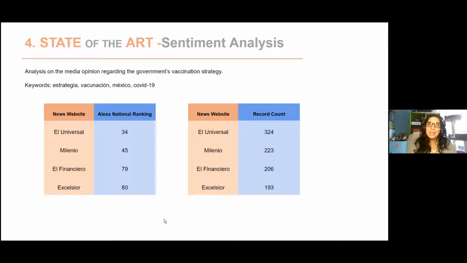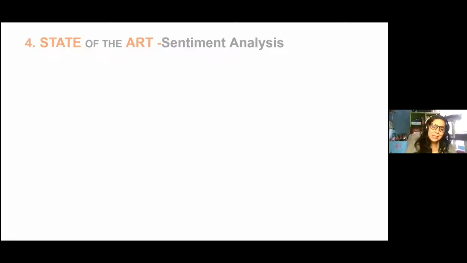And the reason why I looked at the opinion column is because by essence, journalism should be non-biased. So this is where I could find the most opinionated or well biased opinion regarding the strategy. So this is the number of total articles analyzed.